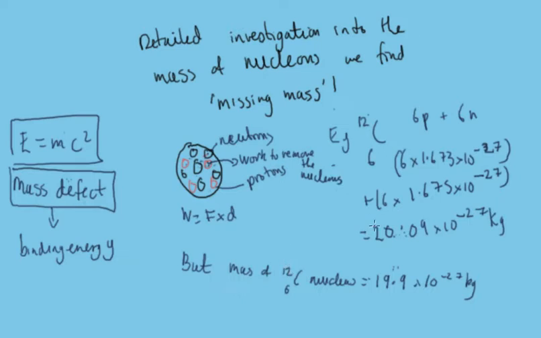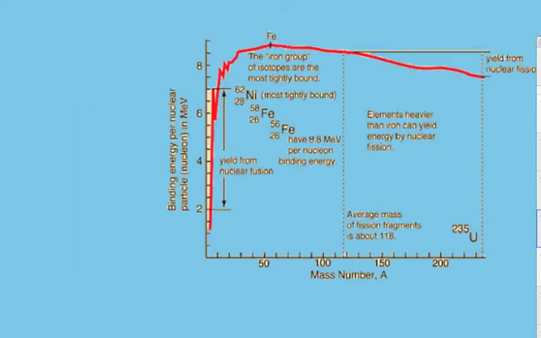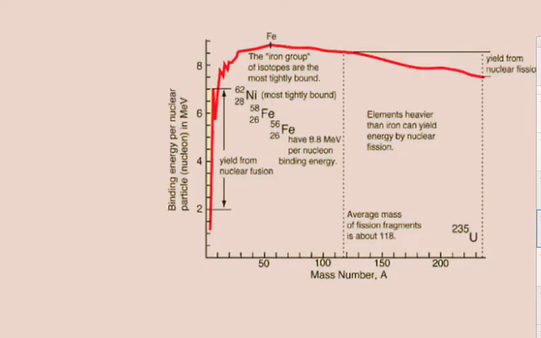Now, this turns out to be a very, very important discovery in nuclear physics, because if we graph the binding energies of the different isotopes of the different atoms, we come to this graph. This is the most important graph in nuclear physics.